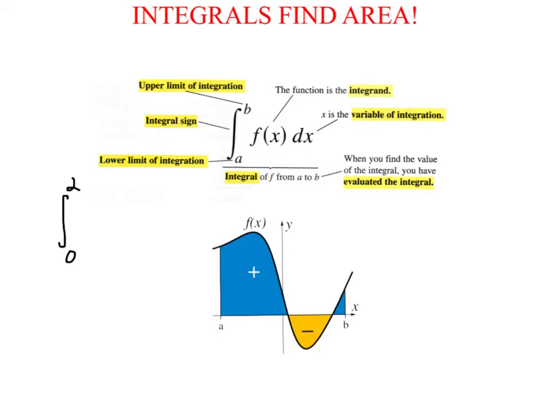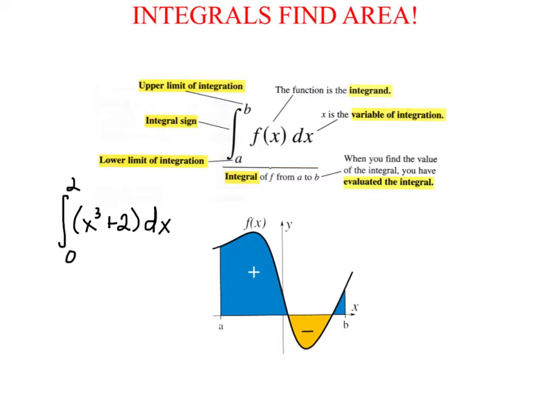The function, which is called the integrand, was x cubed plus 2, and then we put a dx here. The dx represents the variable of integration. For now, we're going to be pretty much only doing in terms of x, but that doesn't mean we have to. We certainly could do in terms of y as well.